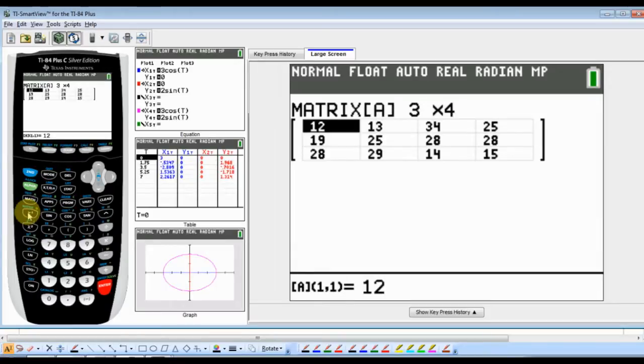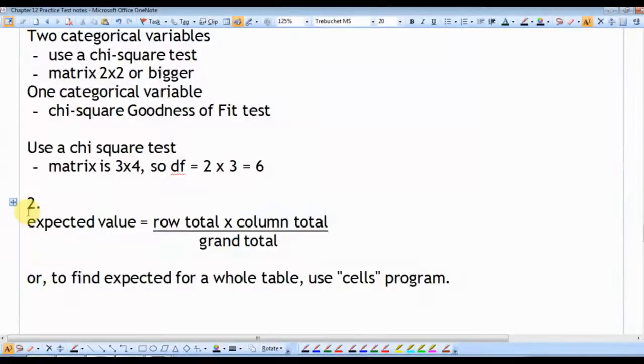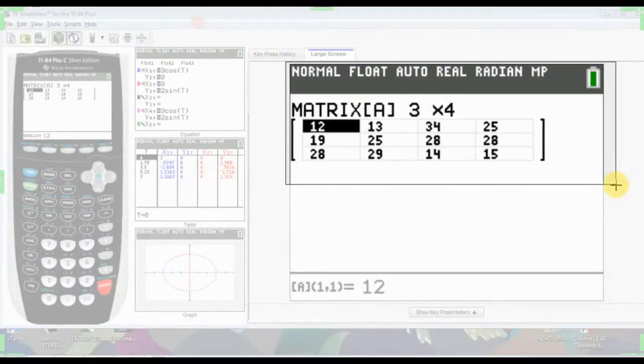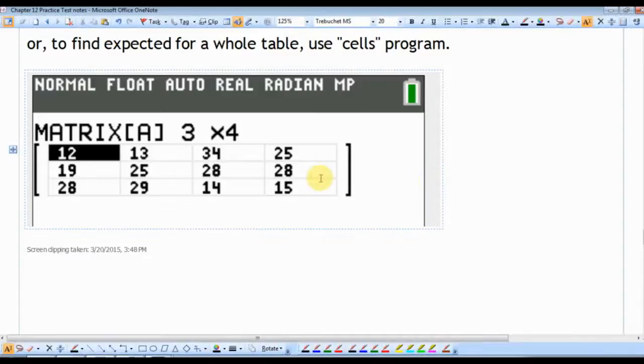Double check to make sure you have all the numbers in there correctly. 12, 19, 28, 13, 25, 29, 34, 28, 14, 25, 28, 15. That's good. That's everything. Let's screenshot this. Looks good.